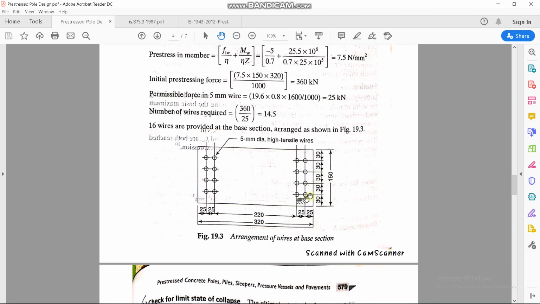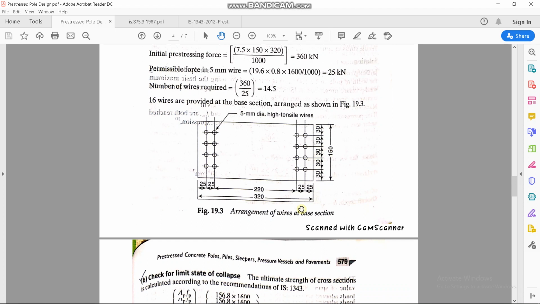You consider the CG of all these wires to reside within this particular line, at a central distance of 25 millimeter. So to calculate the effective depth, you simply do 320 minus 25 and then another 25 by 2.